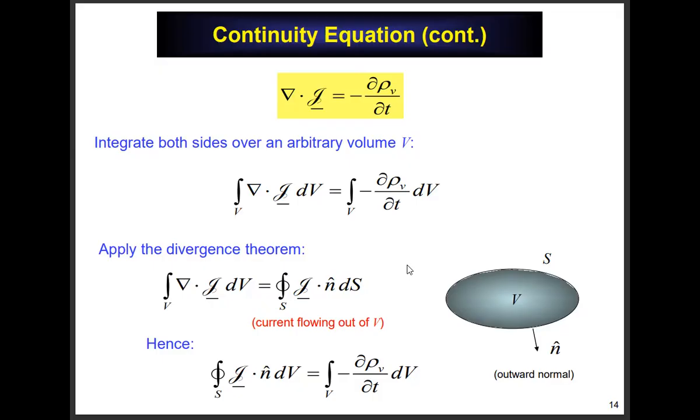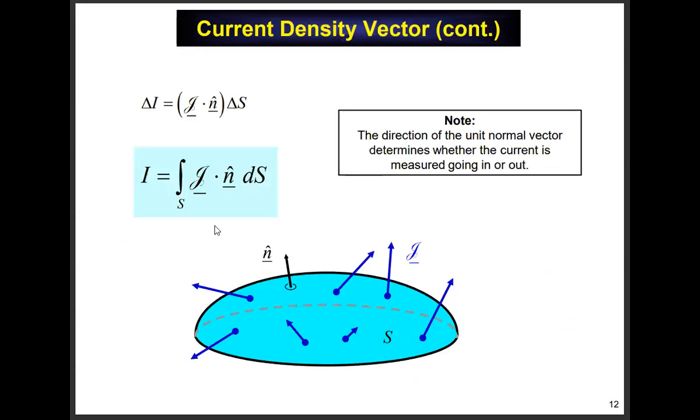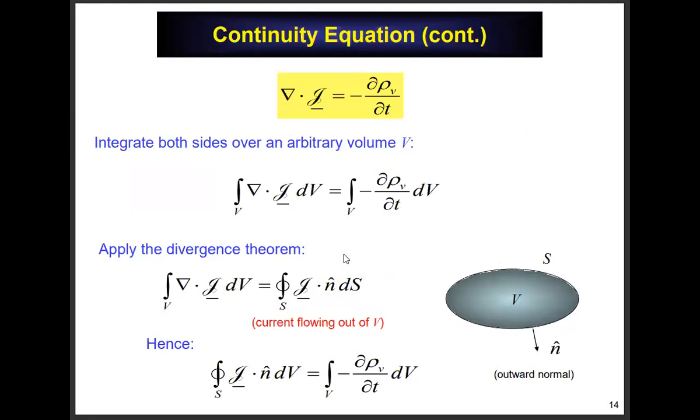That's the divergence theorem. Now, a second ago I just reviewed the meaning of this, right? The integral over the surface of J dot N is the current flowing through the surface. So look what I have now: the integral over this closed surface, J dot outward normal, over the complete surface.